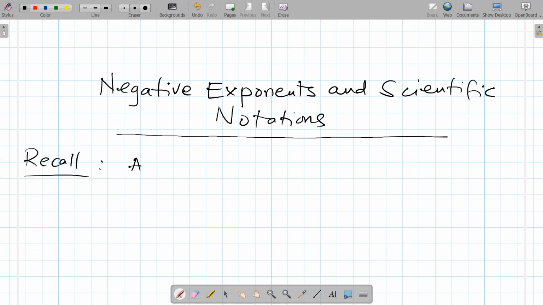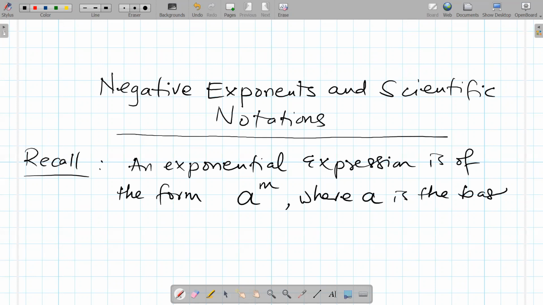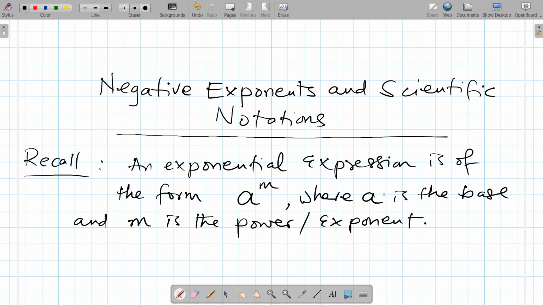So an exponential expression is of the form a to the m, where a is the base and m is the power, or what we call the exponent, or other times said to be the factor.